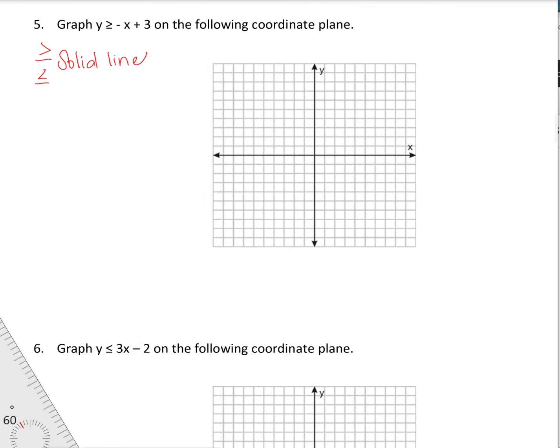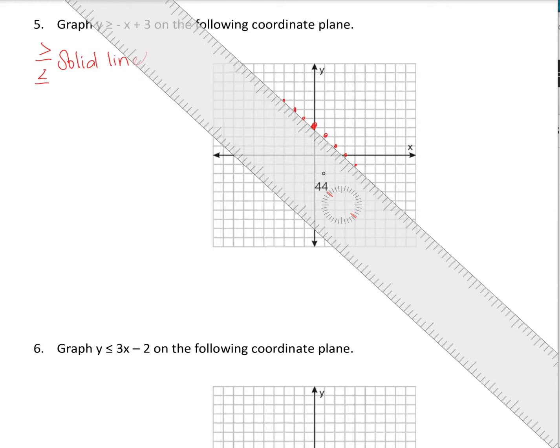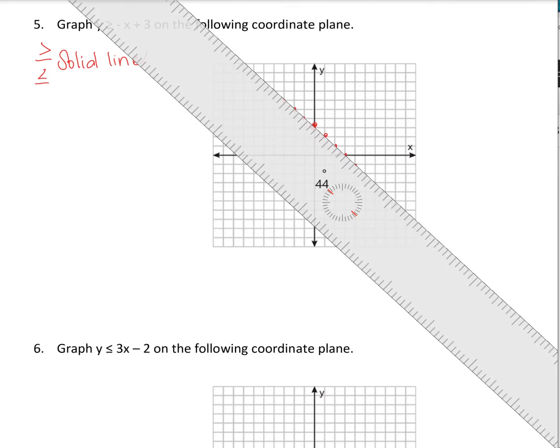So we're going to start with a positive 3. So we're going to go up 3. And we're going to go down 1 over 1, down 1 over 1. And I'm going to go in reverse, 2, 3. All right, it doesn't matter as long as you get a good idea of what it is so that you can draw a nice pretty line. And remember, it's going to be a solid line because it is greater than or equal to.